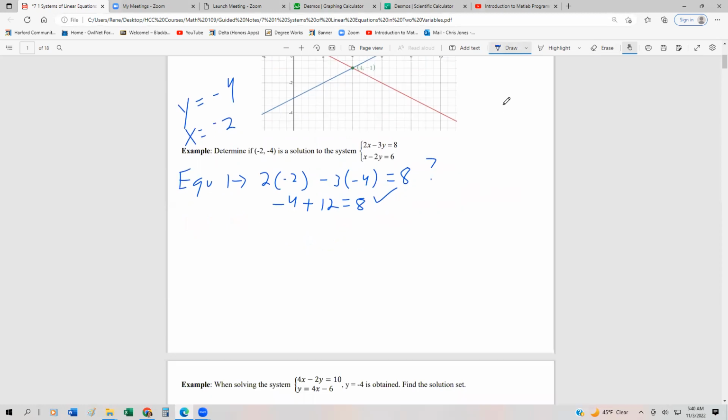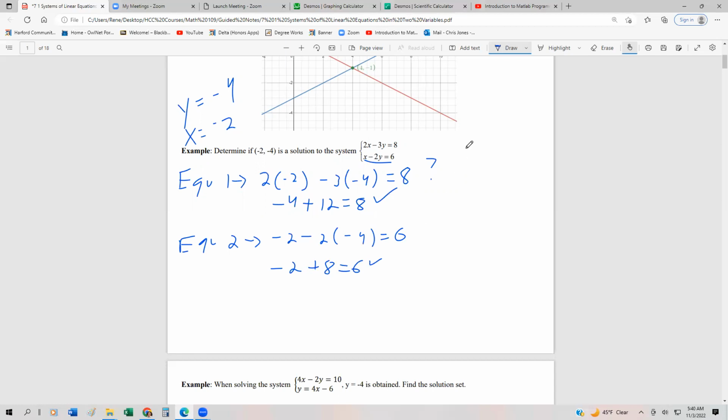But that doesn't mean it's a solution, because we still have to check equation 2. If we substitute back into equation 2, we get -2 minus 2 times -4 equals 6. That yields -2 plus 8 equals 6, and that's a viable statement as well.